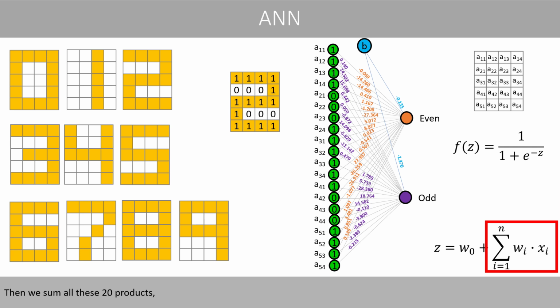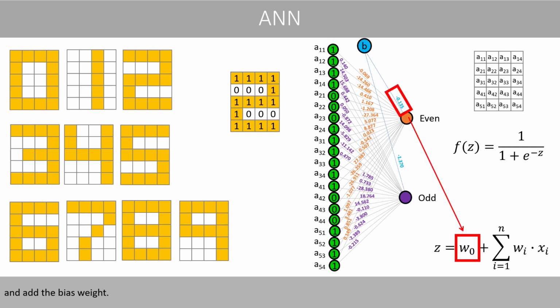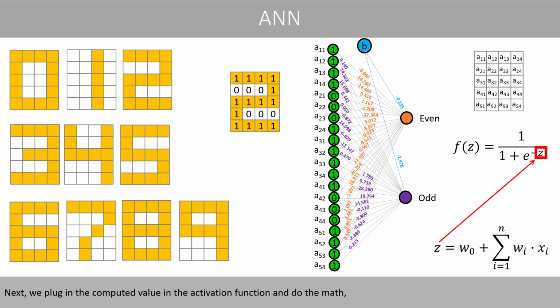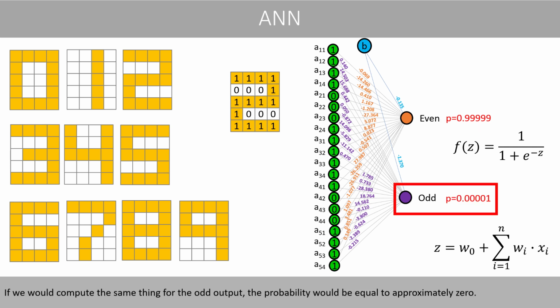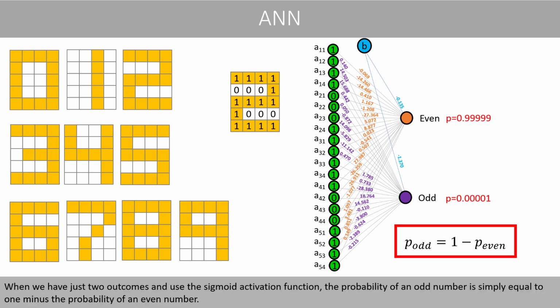Then we sum all these 20 products and add the bias weight. Next, we plug in the computed value in the activation function and do the math, which in this case results in a value that is approximately equal to 1. If we would compute the same thing for the odd output, the probability would be equal to approximately 0.